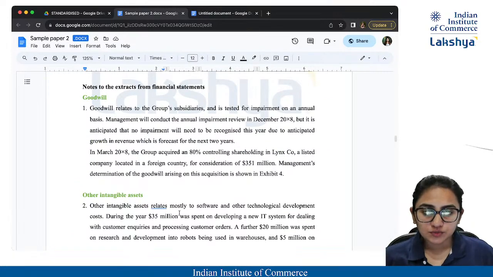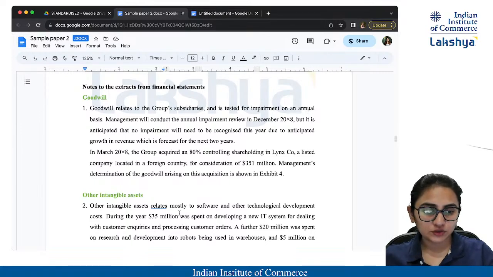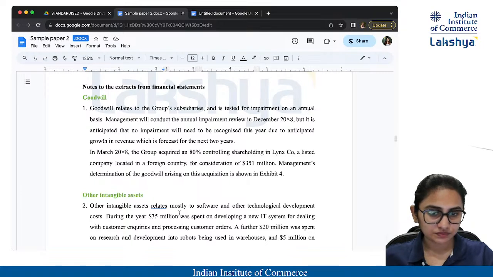Goodwill relates to the group's subsidiaries and is tested for impairment on an annual basis. Management will conduct the annual impairment review in December 2008, but it is anticipated that no impairment will need to be recognized this year due to anticipated growth in revenue, which is forecast for the next 2 years.